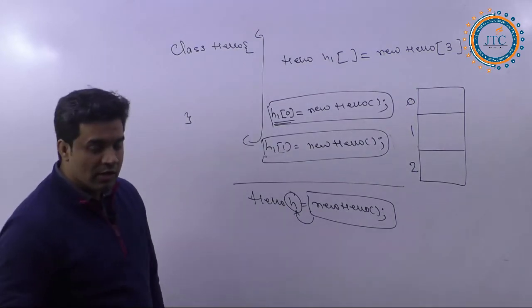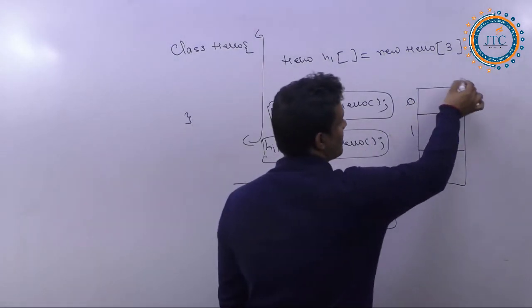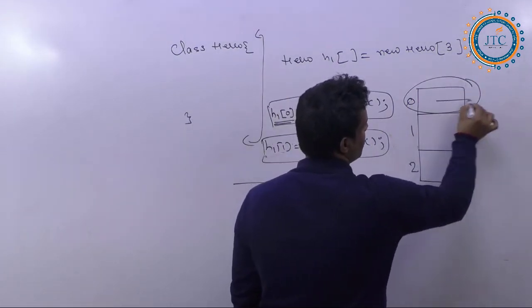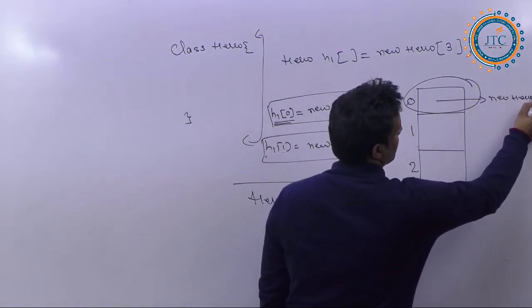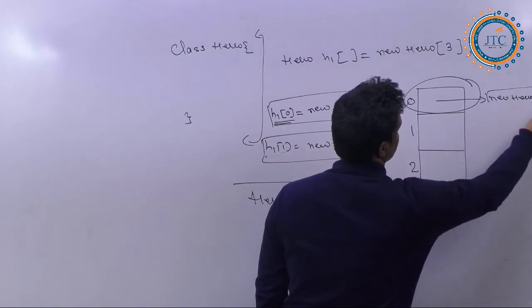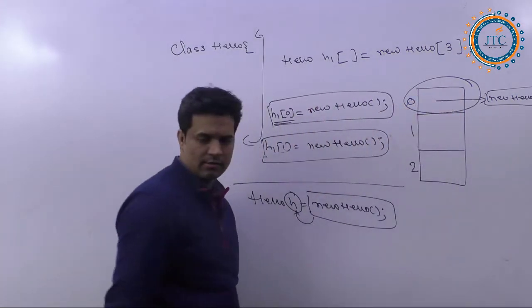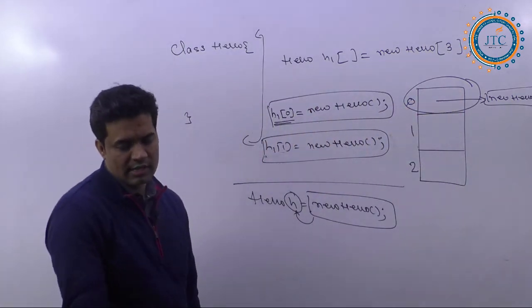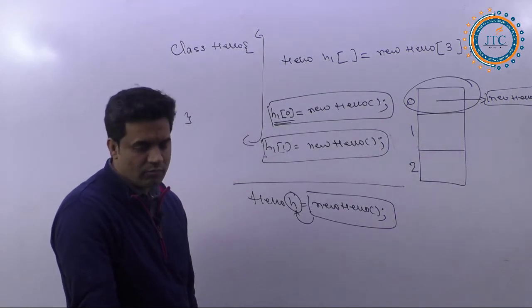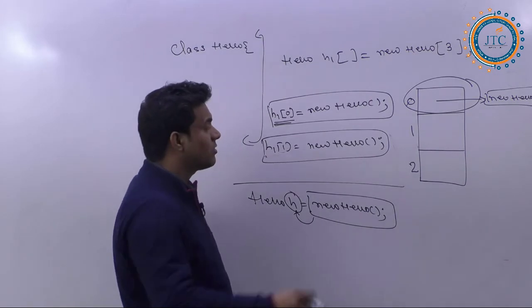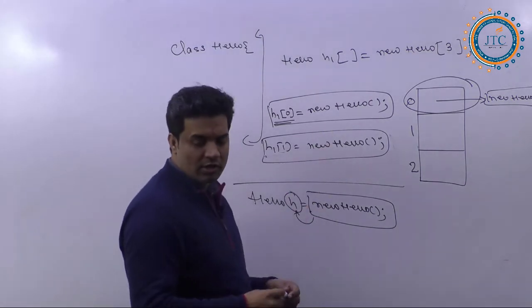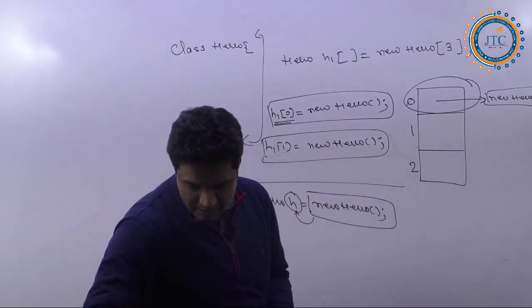If I try to get this particular position, because inside this you have stored new of Hello, and since you have stored new of Hello inside this case, that is the array representation and all other things you are printing here and getting here.